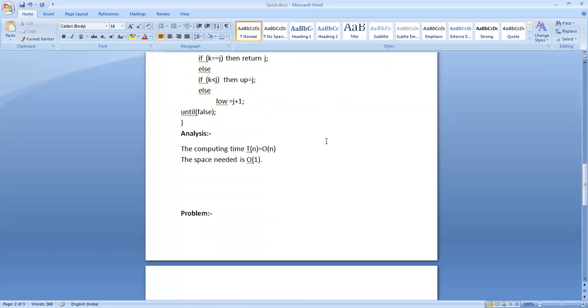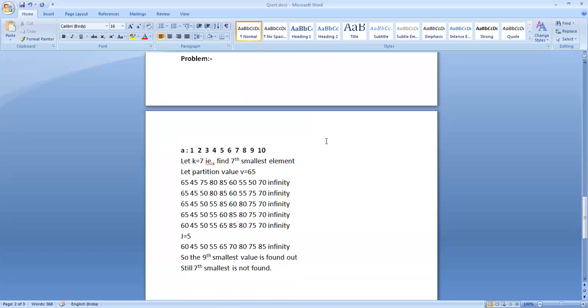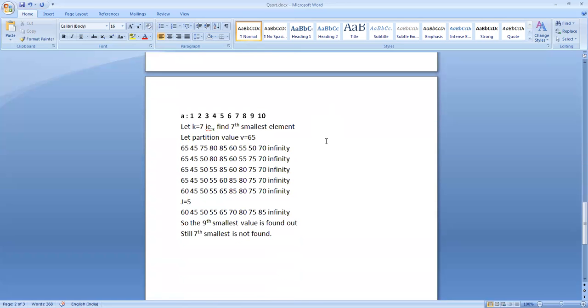Now, as an example, look at this. The given numbers are 65, 45, 75, 80, 85, 60, 55, like this. Let us take the partition value as 65.